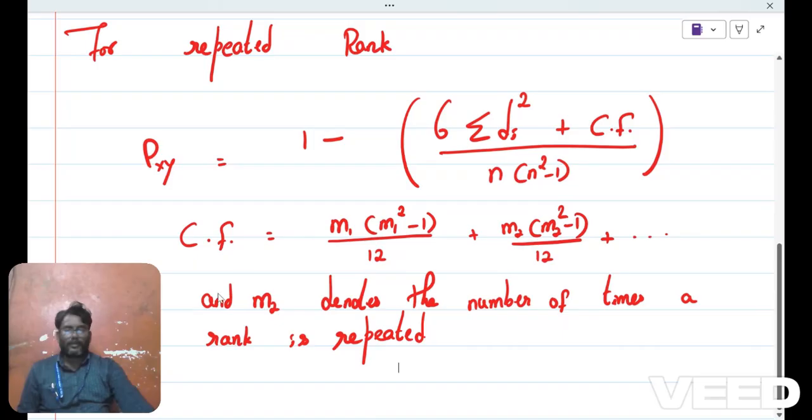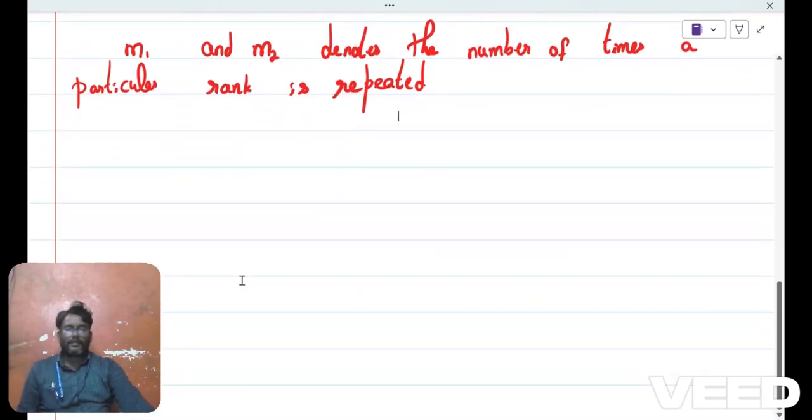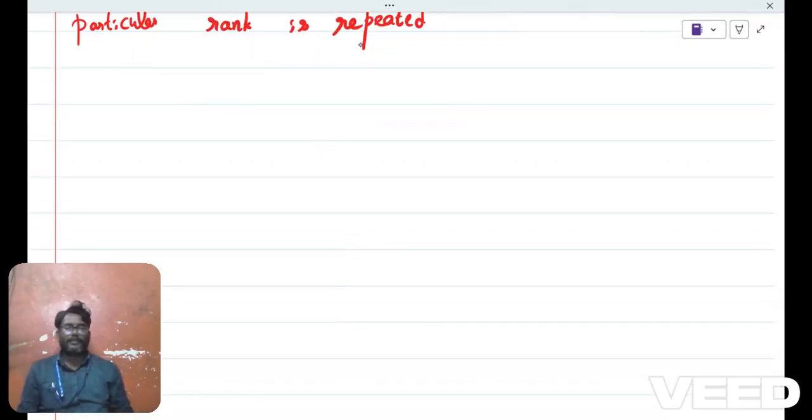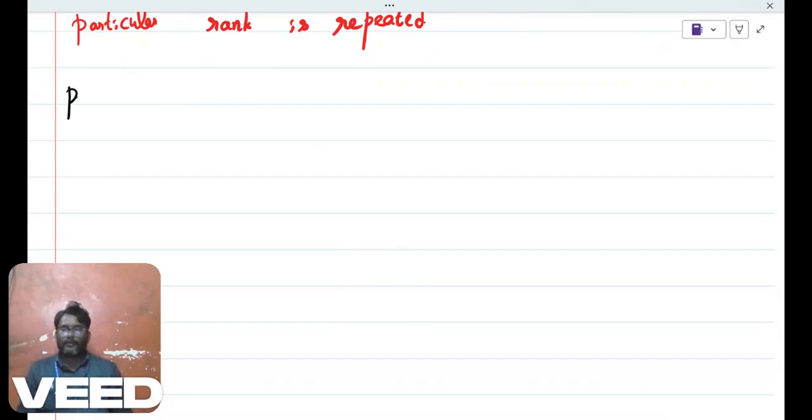Now we'll do problems on both repeated as well as non-repeated ranks. First we'll see a problem for non-repeated ranks.